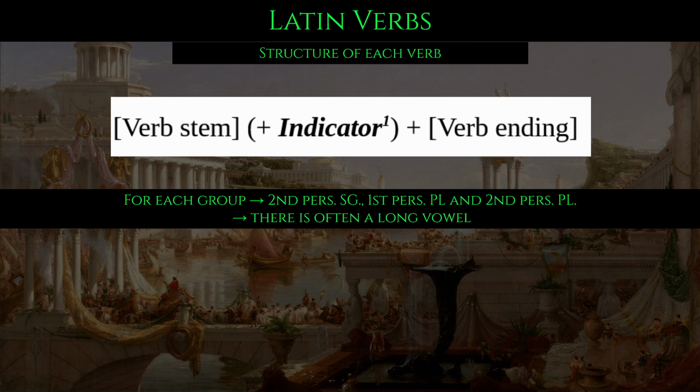Now, each verb is built in the following way. We have a verb stem plus the indicator. Now, note here, for each group, second person singular, first person plural, and second person plural, there is often a long vowel. And after the indicator, we have the verb ending.